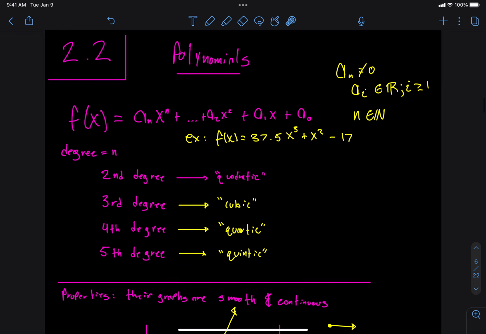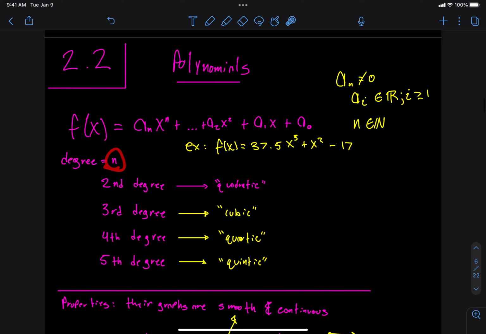Then we started talking about a wider class of functions called polynomials. Quadratic functions are also polynomial functions, but not necessarily the other way around. The degree of the polynomial is just the largest power of x that we have. All of the powers of x for a polynomial are going to be whole positive numbers.